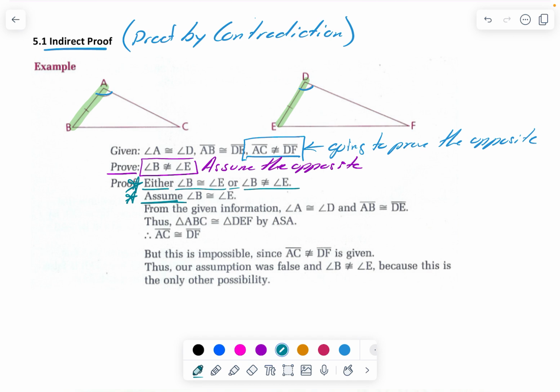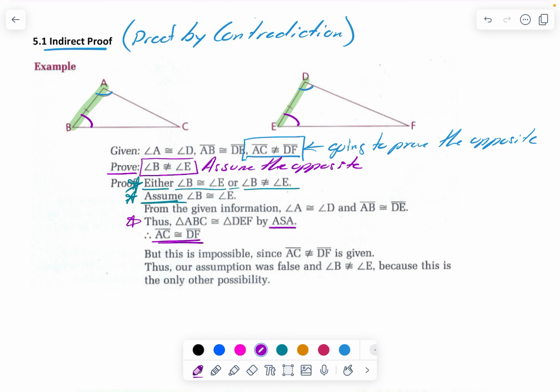So from the given information, we have angle A congruent to angle D, side AB congruent to side DE. So if angle B is congruent to angle E, then we could prove that the triangles are congruent by ASA. And if the triangles are congruent by ASA, angle side angle, then that would be true.